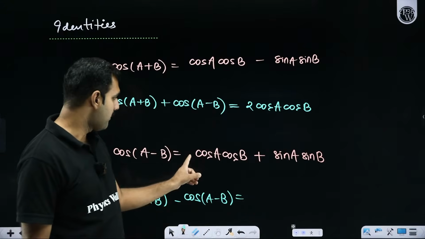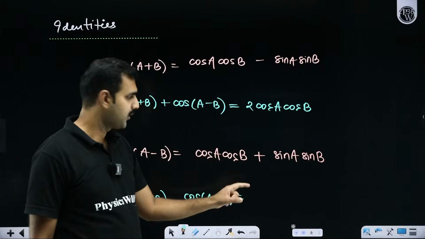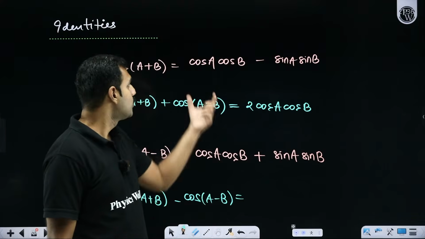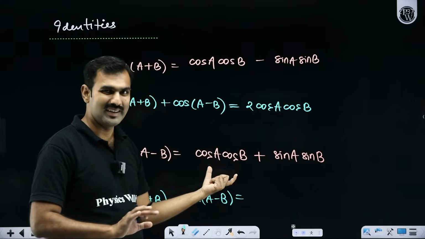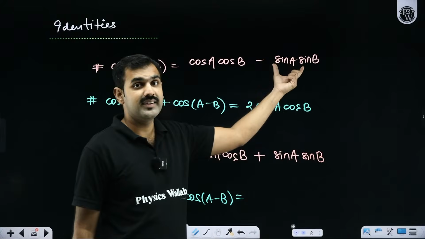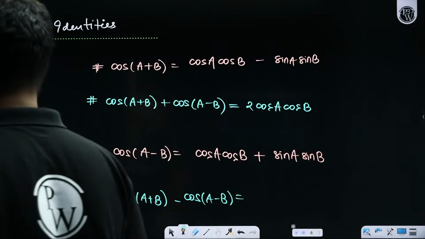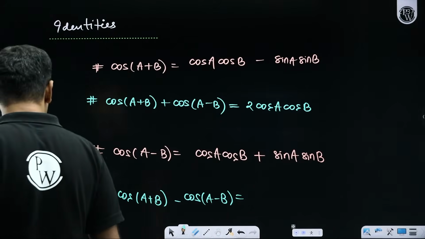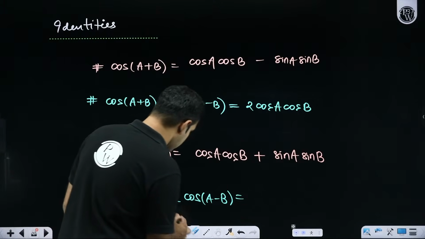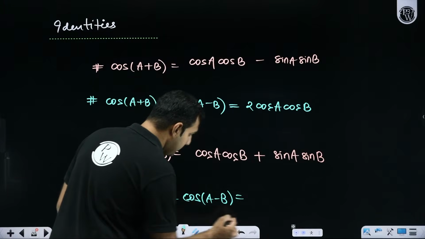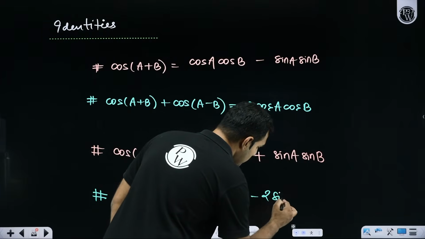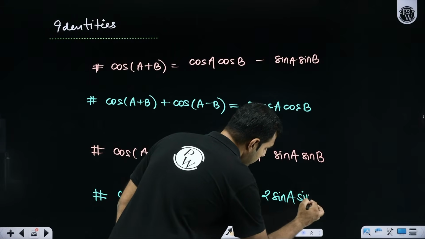Imagine this. Minus, minus, because this is getting subtracted. So cos A cos B minus cos A cos B cancel. Minus sin A sin B minus sin A sin B, that will be minus 2 sin A sin B.